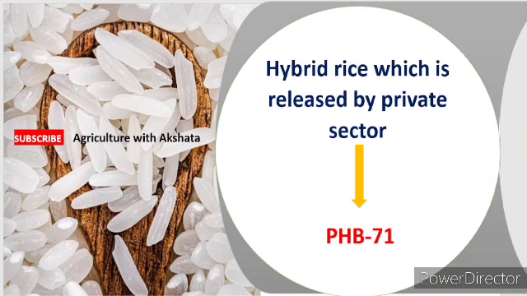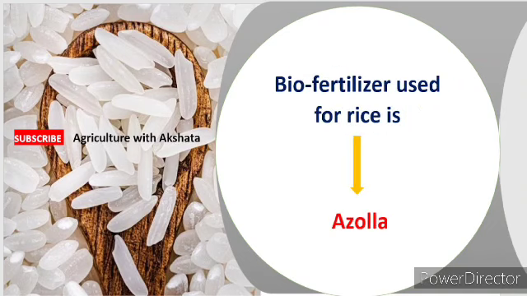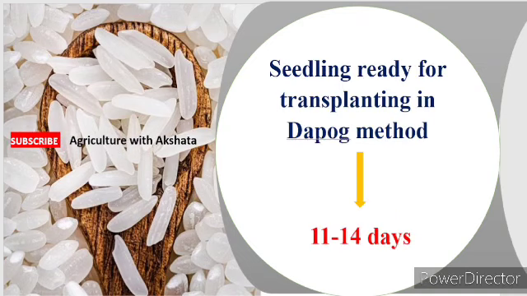Hybrid rice released by the private sector is PHB 71. The biofertilizer used for rice is Azolla. The seedling which is ready for transplanting in the Dapog method is 11 to 14 days. 11 to 14 days old seedlings can be transplanted to the main field in the Dapog method.